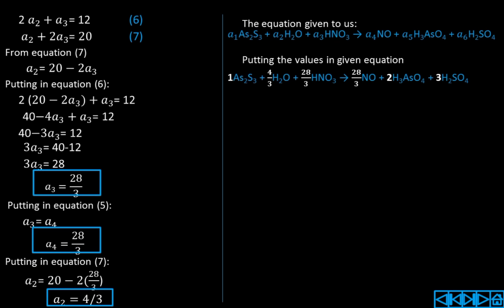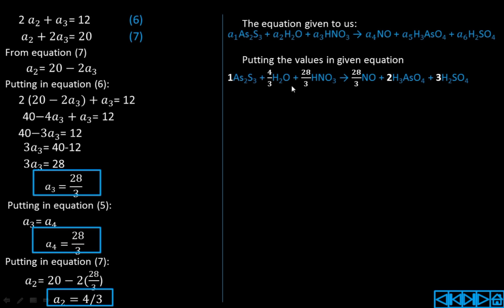The value for a1 we have assumed to be 1, the value for a2 we have calculated to be 4 by 3, the value for a3 we have calculated to be 28 by 3, similarly for a4 to be 28 by 3, and for a5 we calculated in the previous slide to be 2, and a6 we calculated to be 3.